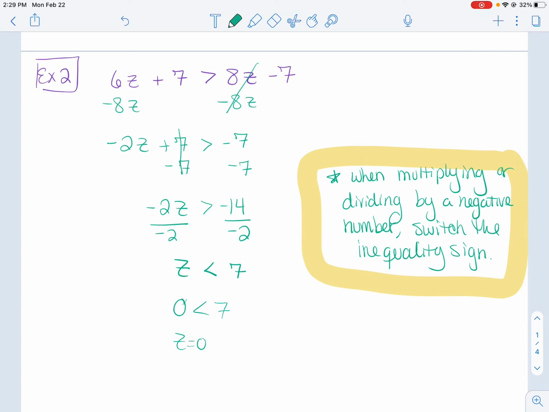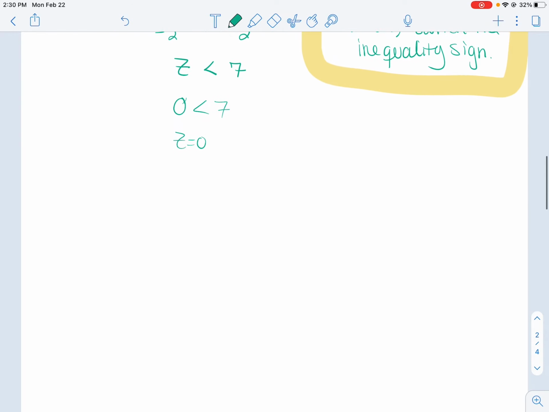If I put that back in my original equation, we have 6 times 0 plus 7 is greater than 8 times 0 minus 7. Well, 6 times 0 is 0, so we get 7 is greater than 8 times 0 is 0, negative 7. This is true, right? So if it's a true statement when you're done, then I know I got the right answer, okay?